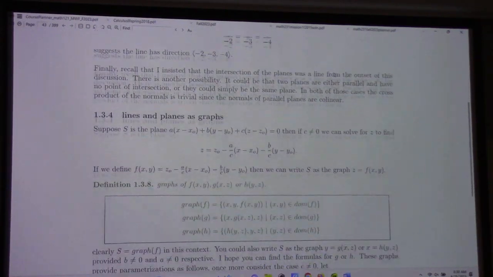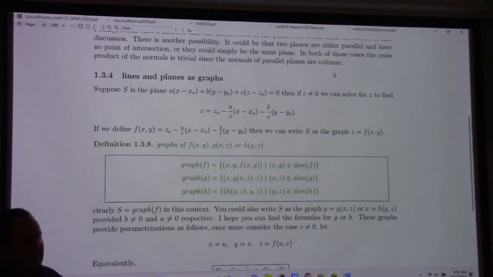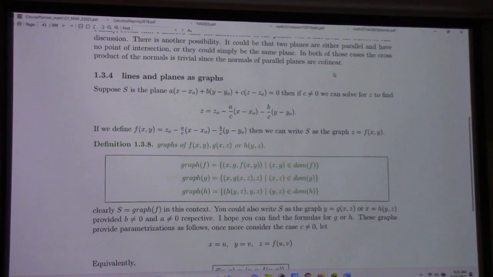Not especially important. The other thing I should talk about is what a graph is. A graph is when we can write z as a function of x and y, or in principle y as a function of x and z, or x as a function of y and z. If you can express your surface such that one of the Cartesian variables is a function of the remaining two, this is called a graph.